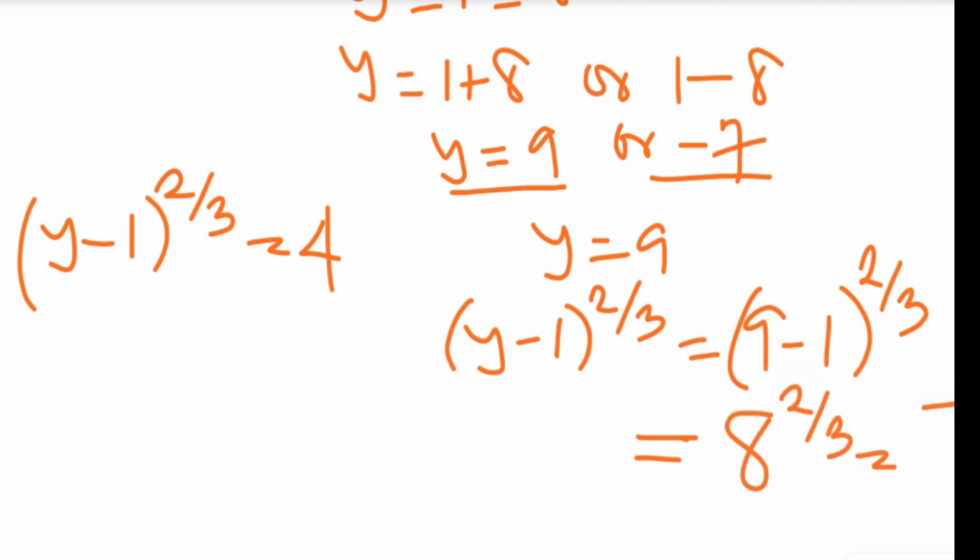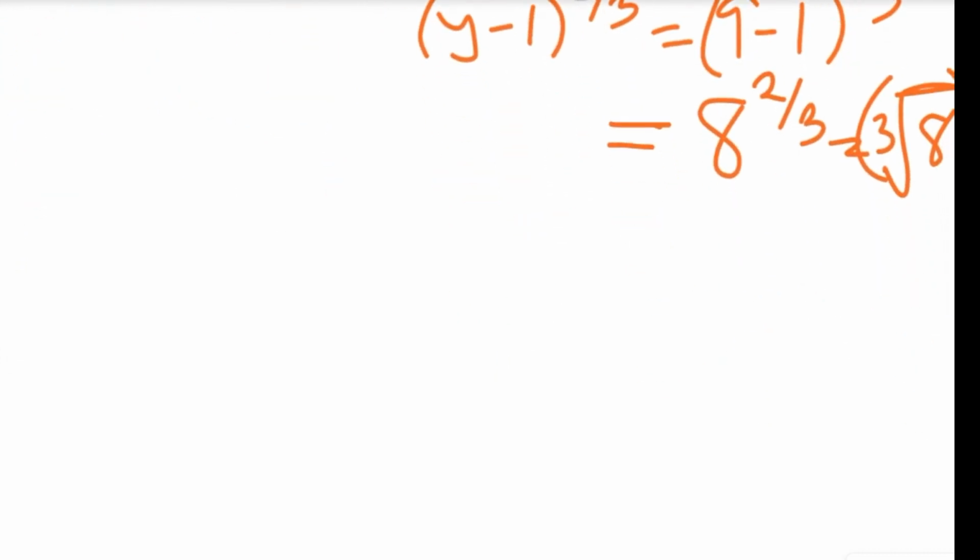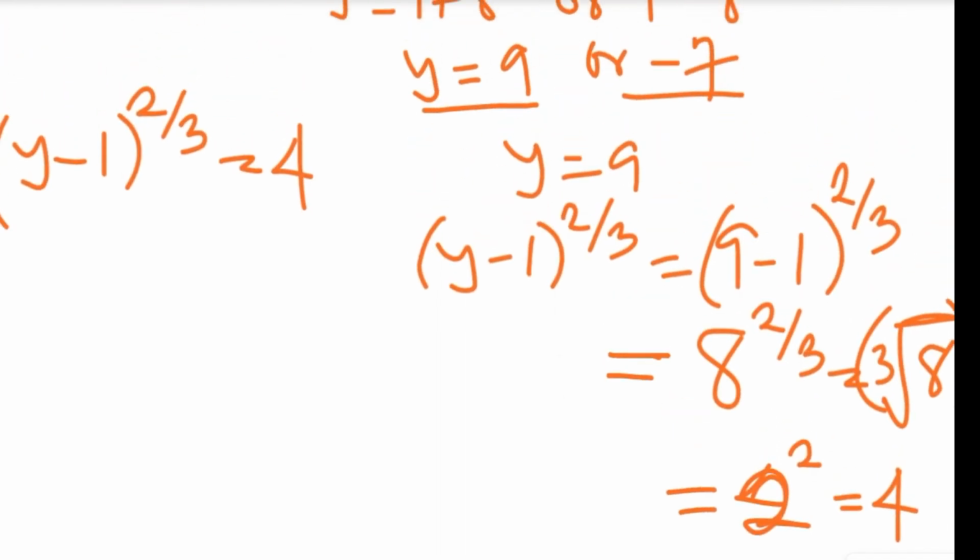This will give us the cube root of 8 all to the power of 2. The cube root of 8 is equal to 2, 2 to the power of 2 will be equal to 4. So we see this first result is correct.